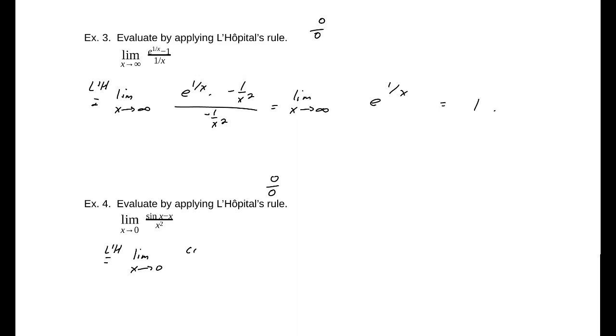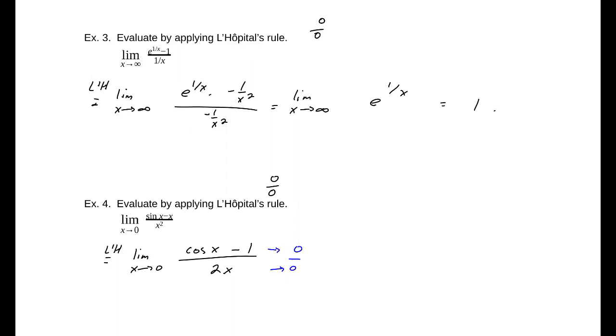That would be cosine x minus 1 over 2x. Now, investigate again. If you go to 0, the denominator is going to 0. The numerator is going to 0 as well.